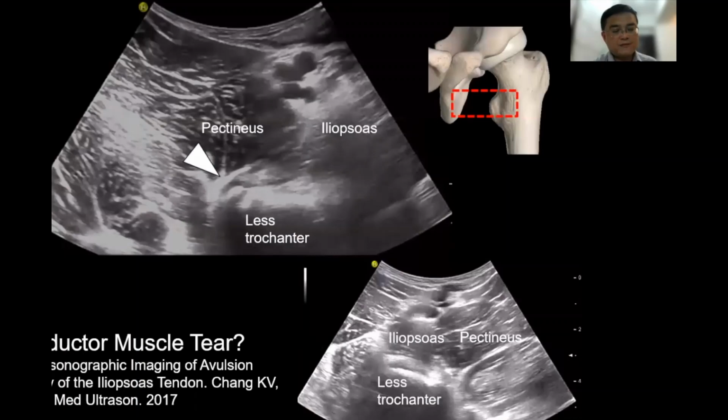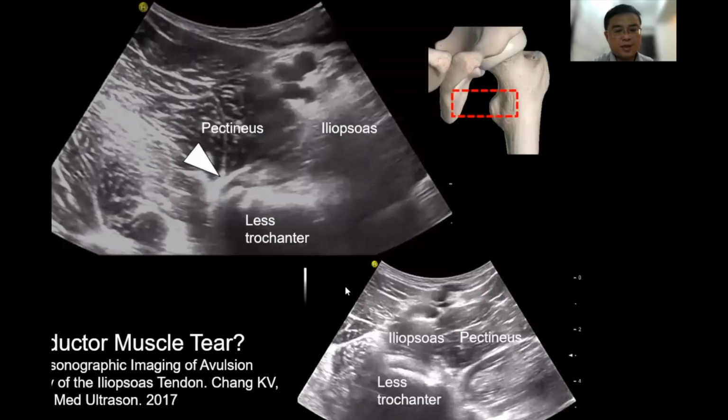So here we can find the young kid had pain over the anteromedial hip. And then we can find medial to the lesser trochanter, there is a hyperechoic bony plaque. This area is the insertion of the iliopsoas tendon. So it's likely the patient has apophysitis or avulsion fracture of the iliopsoas insertion.